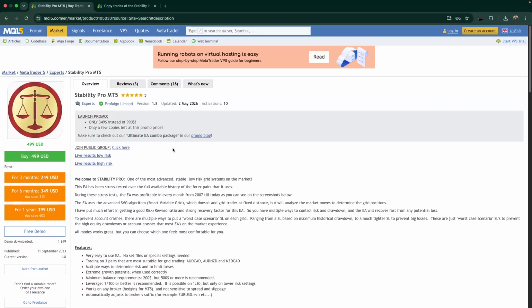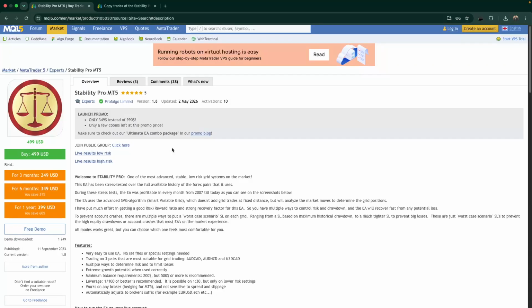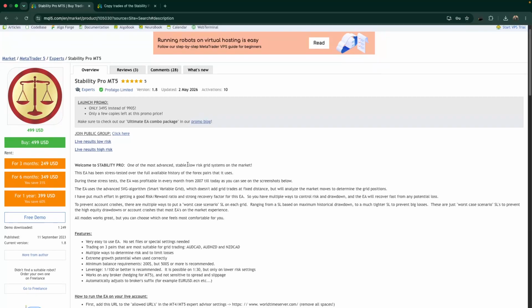Now let's talk about the workings and mechanism of this EA. The EA prioritizes capital protection with auto lot sizing based on risk. The multiple drawdown safeguards, the safety stops, the controlled position management, all of these are what the EA focuses on. It supports multi-pair trading from one chart, and it uses conservative rules to avoid big losses.